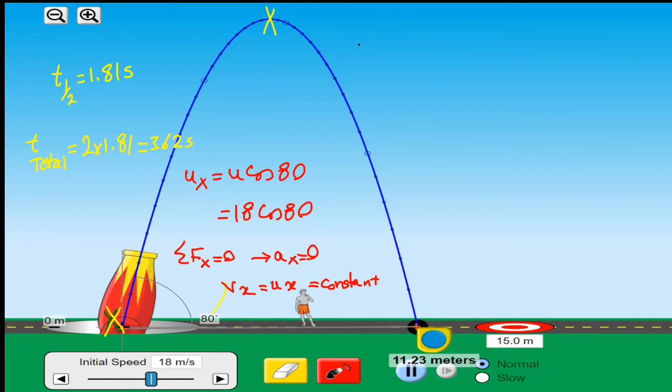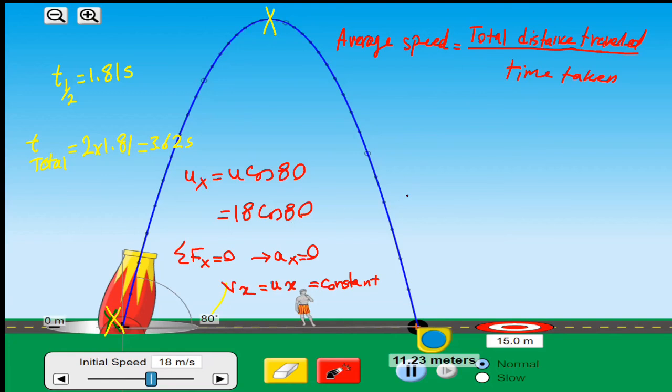For finding the total distance traveled by our projectile, we can use this formula: average speed equals total distance traveled divided by time taken. Average speed is constant.